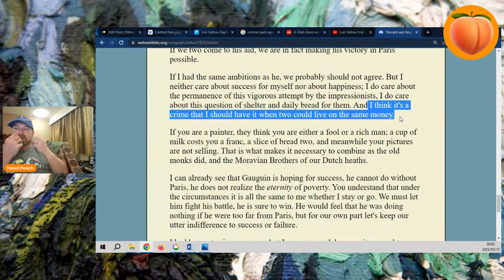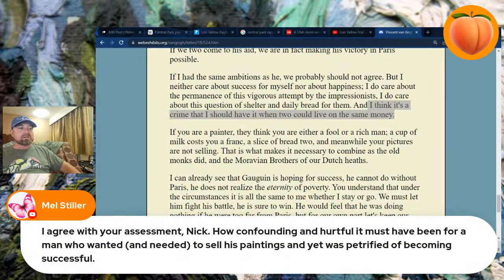Literally says, I think it's a crime that another artist isn't being invited to enjoy the adventure that I'm having, right? Yeah, it's a weird contradiction.